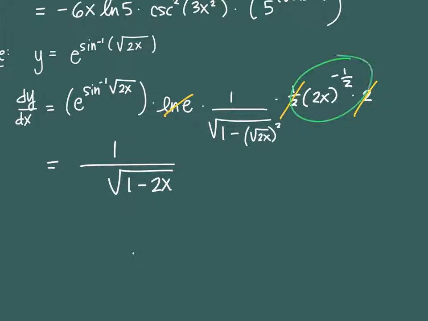Put a green circle around the 2x parentheses to the 1/2. So that'll be a square root of 2x in the denominator. And then all of that is being multiplied by the original e to the sine inverse of the square root of 2x.